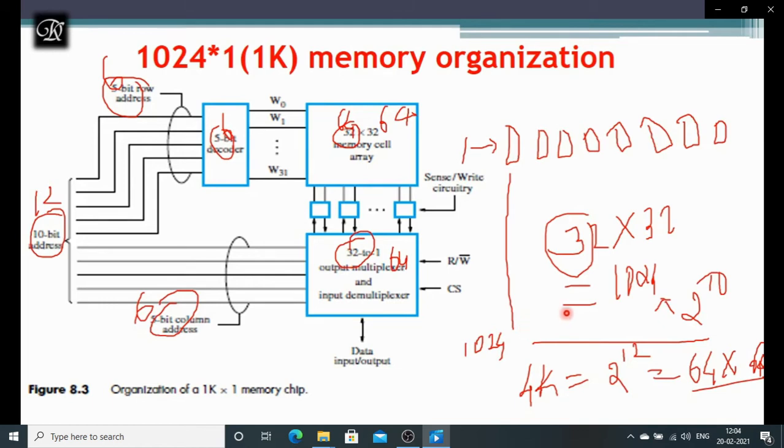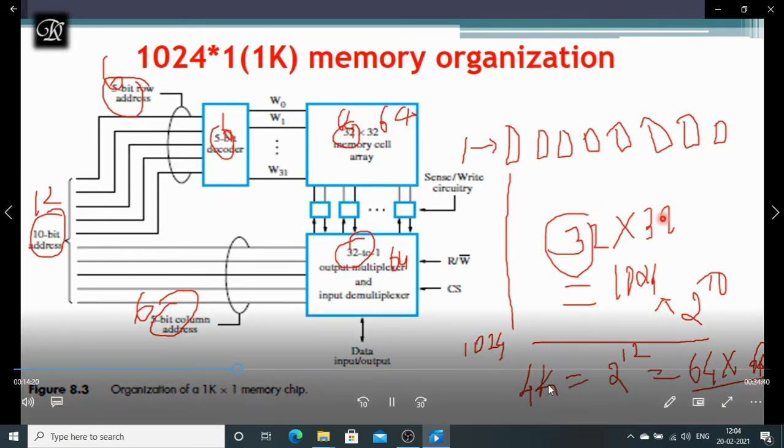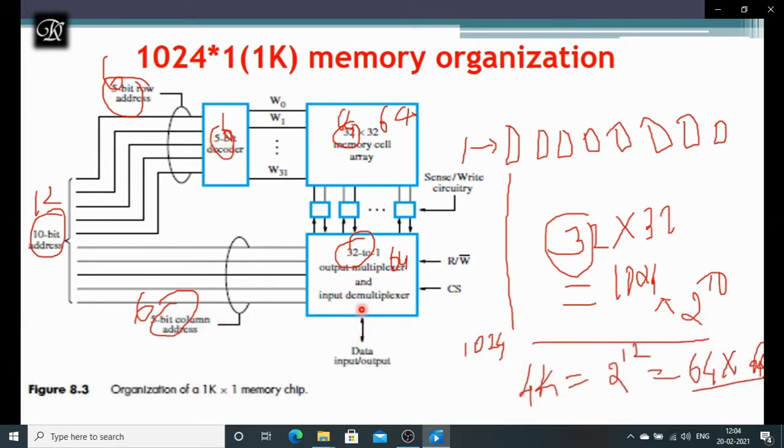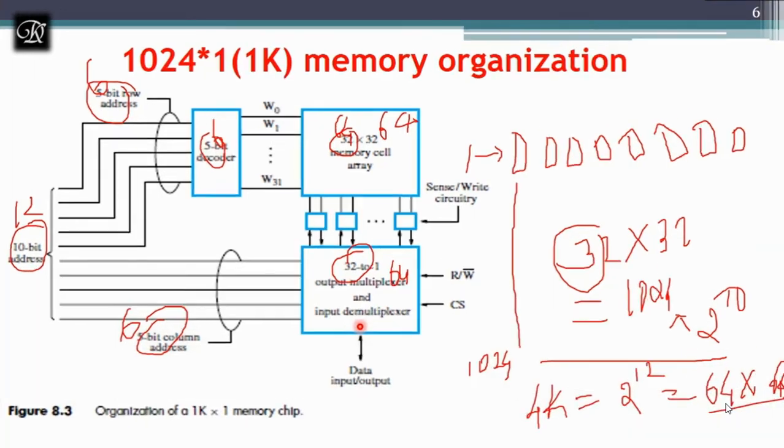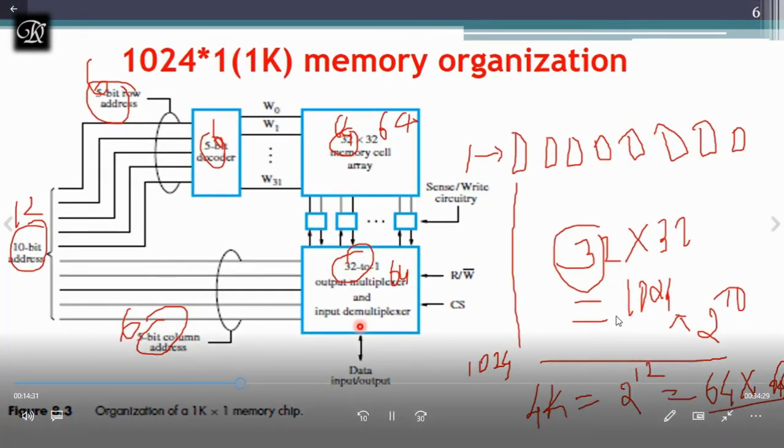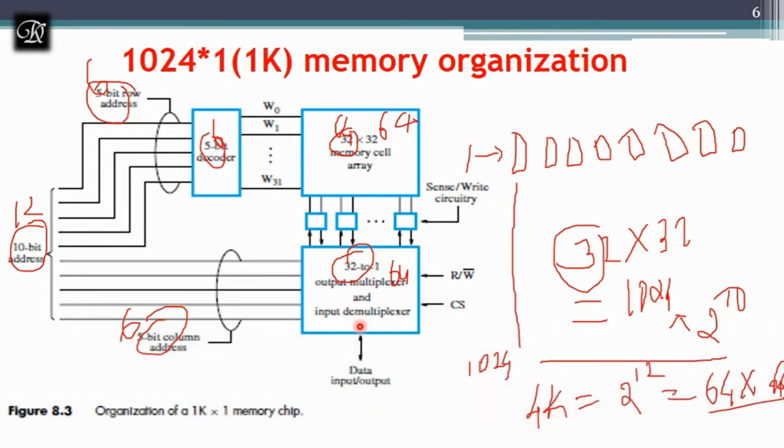Let me take this as 64, this as 32. 64 into 32 will give me 2K. So now I can make the rows 6 bits, and columns let it be 5. This is how we can design a different configuration which is given in the examination. Hope this is clear to you.